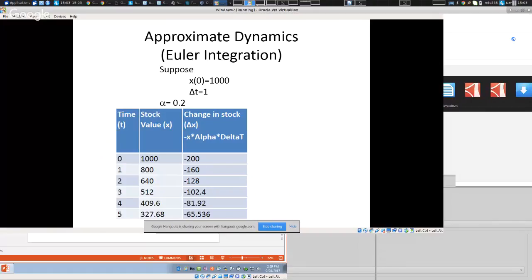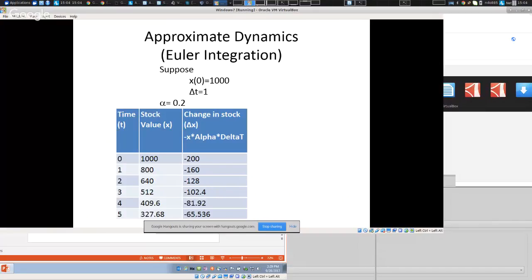The value of the stock at first is 1,000, that's the initial value. And then what's the change of the stock over the next little delta t? Well, it's delta t, that's 1, times alpha, 0.2, times x, 1,000, with a minus sign in front. So that's minus 200. You get that?